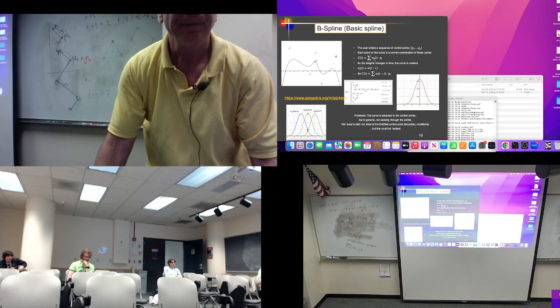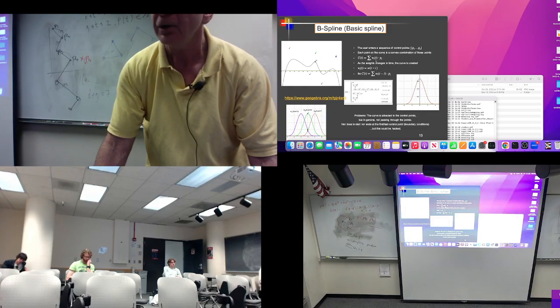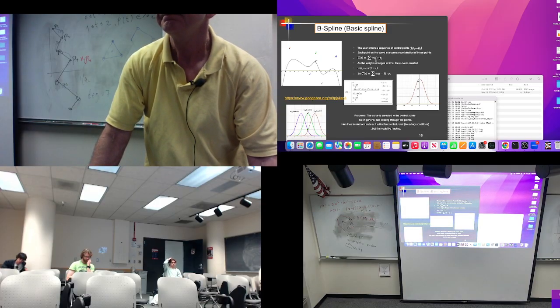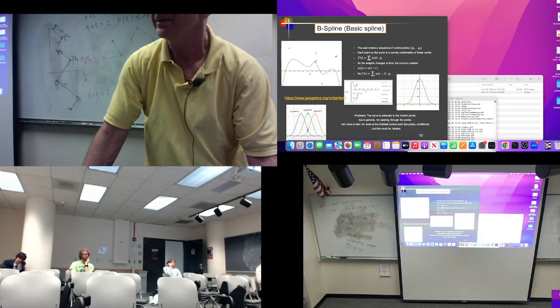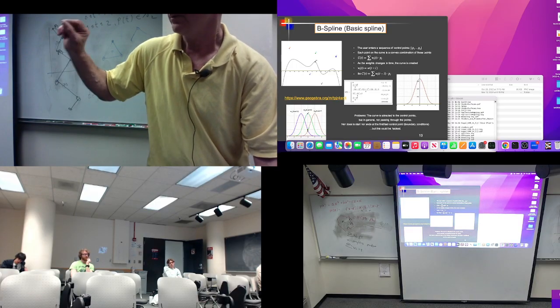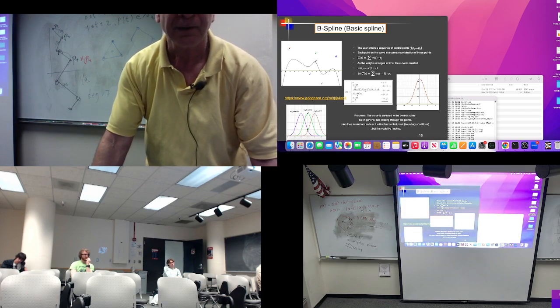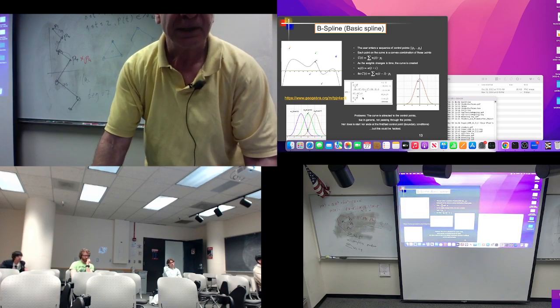For every t in the range, I will look at all the control points Pi, and for every point I'll give some weight. The sum of these weights will always be 1. And for every time t, I will specify one point on the curve. That was very general, not very clear.